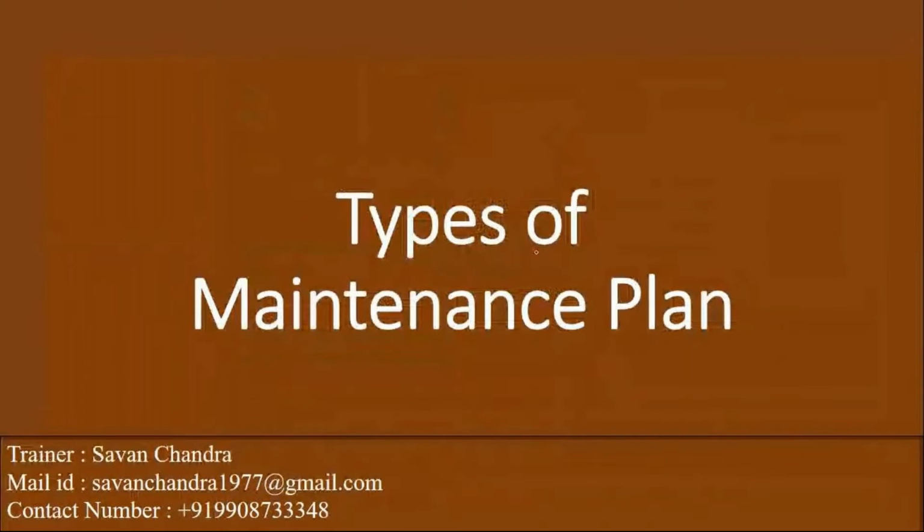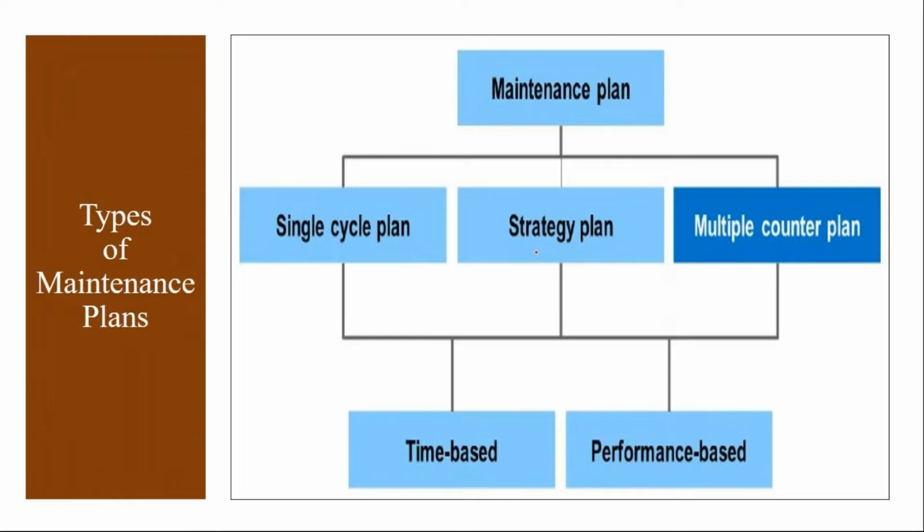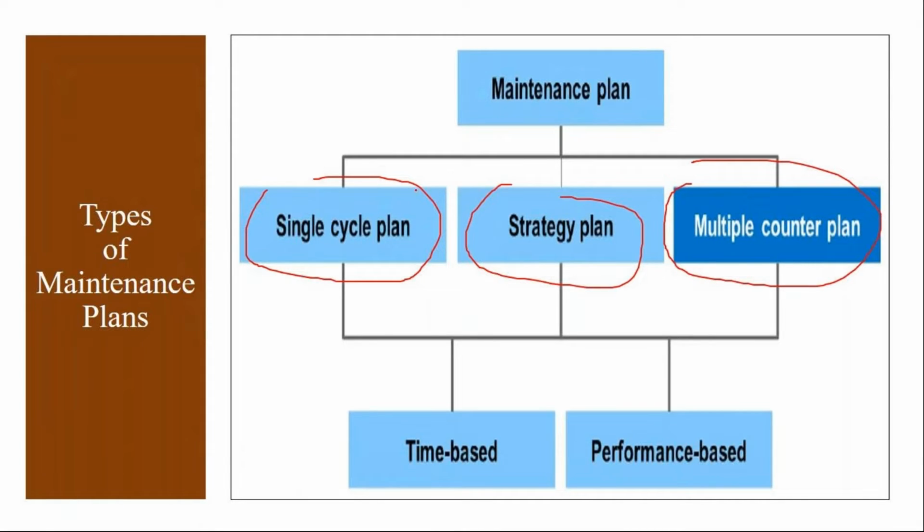Before creating the maintenance plan, we will understand what the different types of maintenance plans are. There are various types. There are single cycle plan, strategy plan, and multiple counter. Again, all these plans will be of two types: time based and performance based.